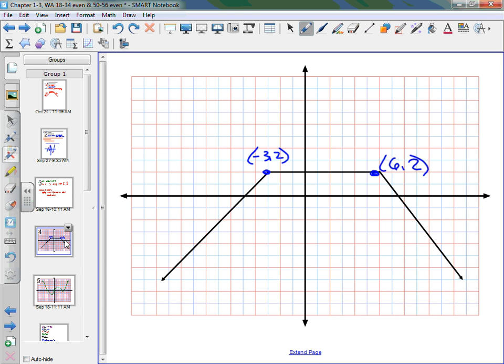I'm going up the hill, so I'm increasing. When do I stop increasing? So I am increasing starting at negative infinity to negative 3, and I'm using just the x-coordinate.